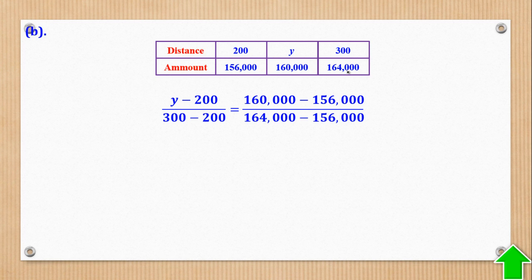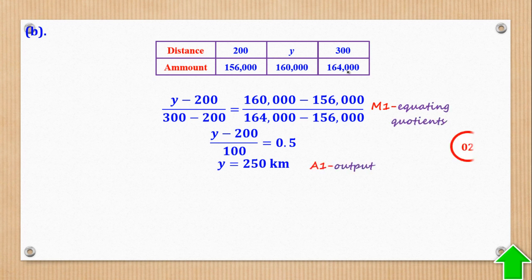Others choose gradient method. It is still okay, provided you are consistent and keen on what you are doing. So simplify and make y the subject, and that will be the distance they wanted. So that is how you could get the 5 marks in this question.